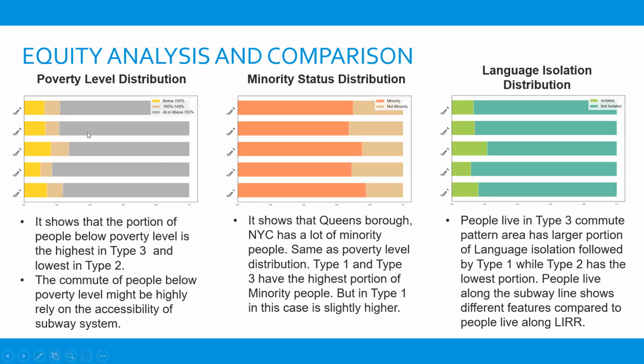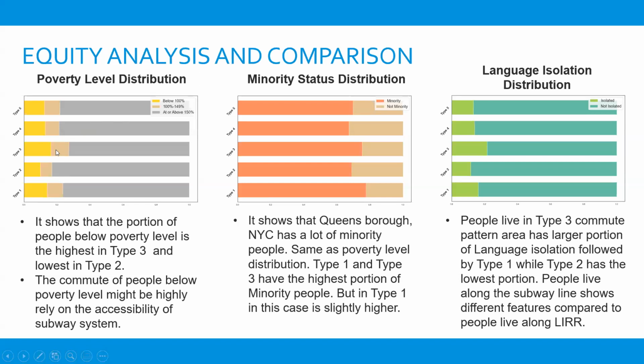From this plot, we can easily find that the poverty level distribution and the language isolation distribution are very similar. In both distributions, type 2 people have the lower proportion of poverty level and the lower proportion of language isolation.